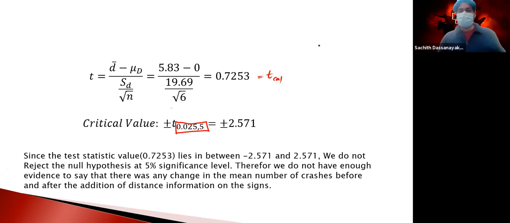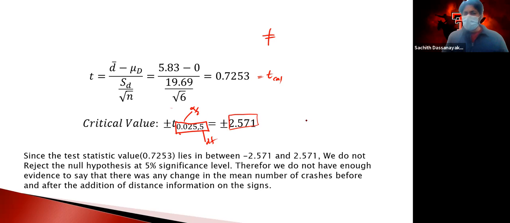For the p-value case, we multiply the p-value by 2 and compare with the alpha value. So here it is alpha over 2 because it is two-tailed, not equal. So you get alpha over 2, 0.025, and with this degree of freedom, you will get this value.